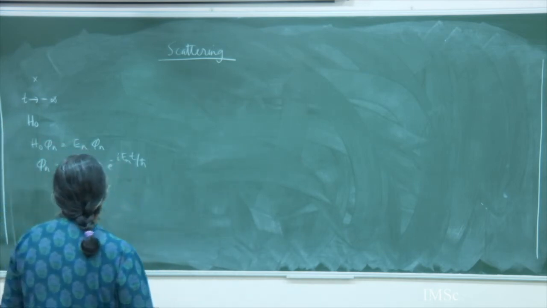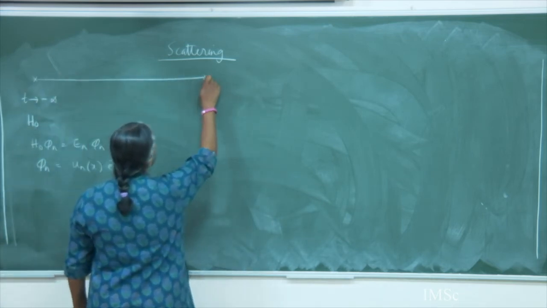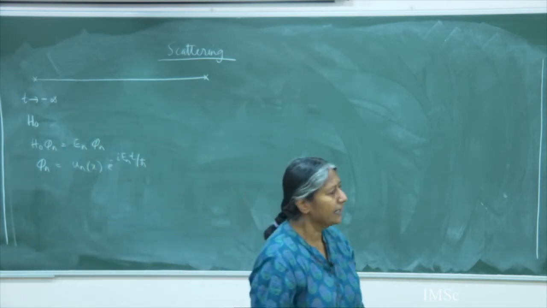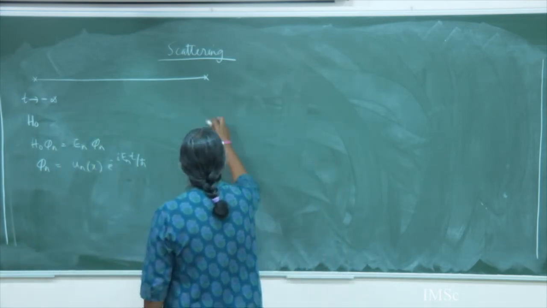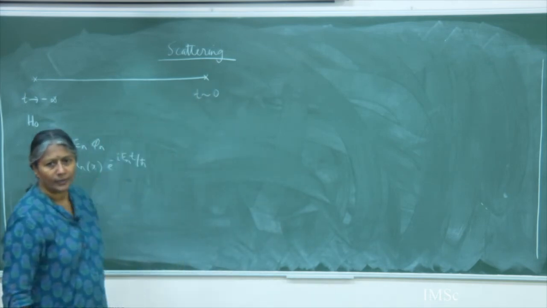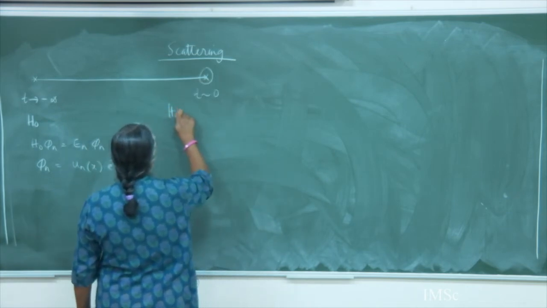Now what happens? The potential under which the scattering takes place is always around t equal to 0 and lasts only for a finite time. At this point, your interaction Hamiltonian turns on.